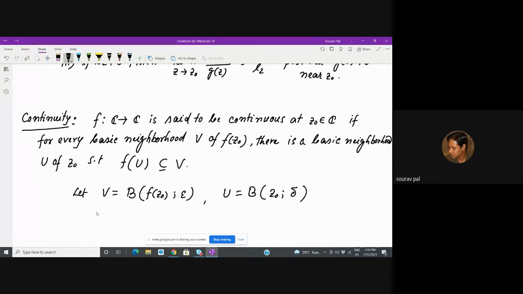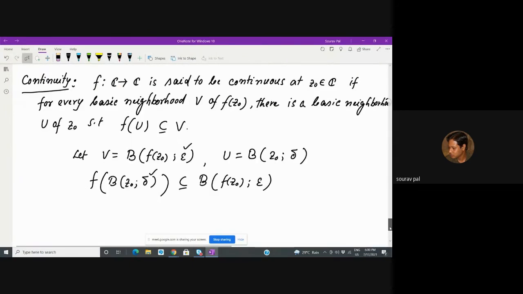So that means f of this ball is contained in V. So this V is given, U is obtained. This epsilon is given and this delta is obtained. So this is what continuity is. We all know this.